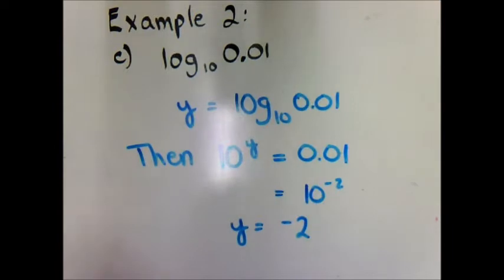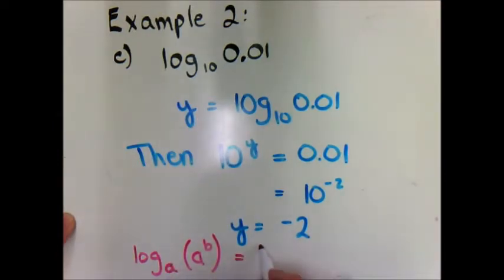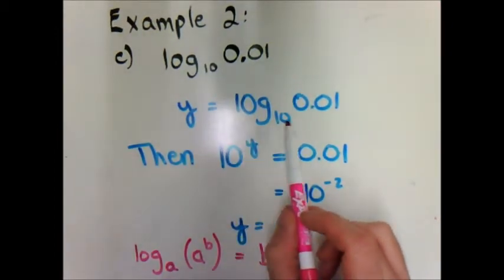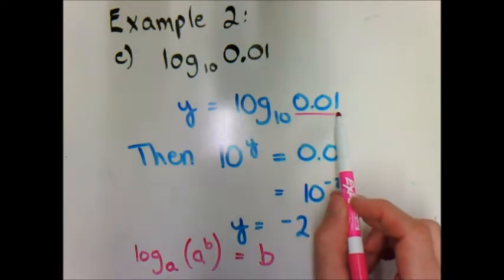One thing to notice in this special case is that the log of a to the power of b to the base a is equal to b. That might sound confusing, but if we look here, that's what we have. We have the log of 0.01.